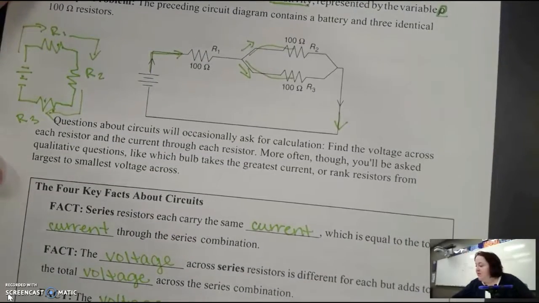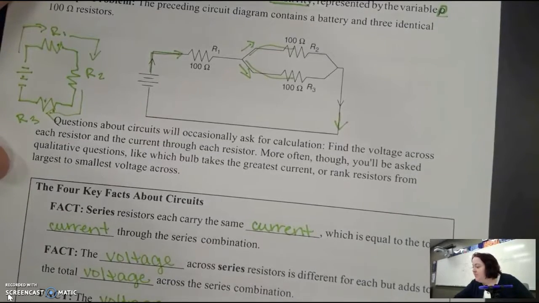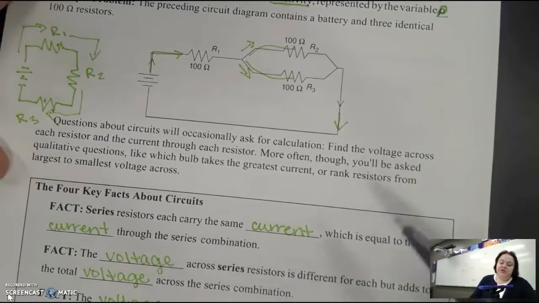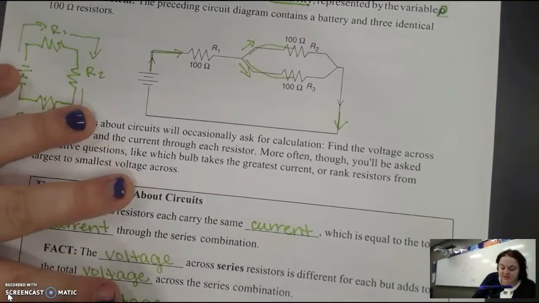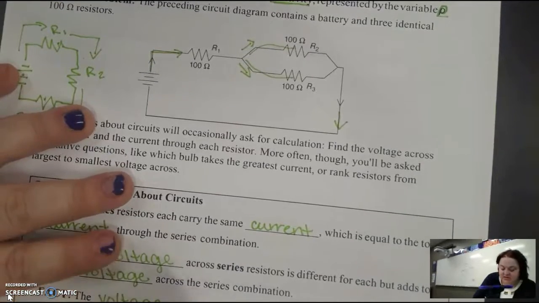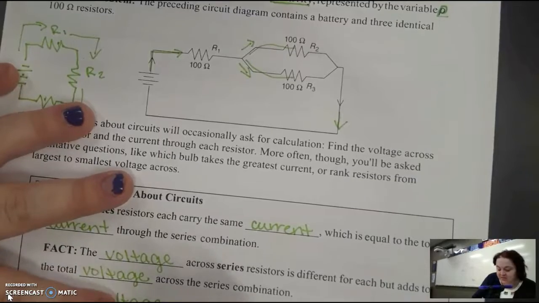There's supposed to be a fourth thing here, which I will make sure I add before I print your copies. You may notice we did series current, series voltage, then we did parallel voltage. We need parallel current. I can't even spell.